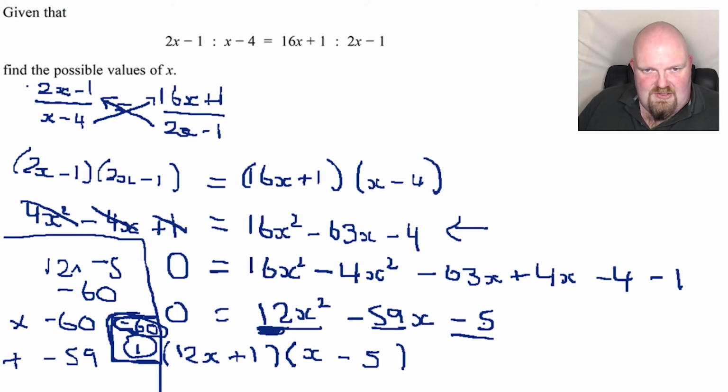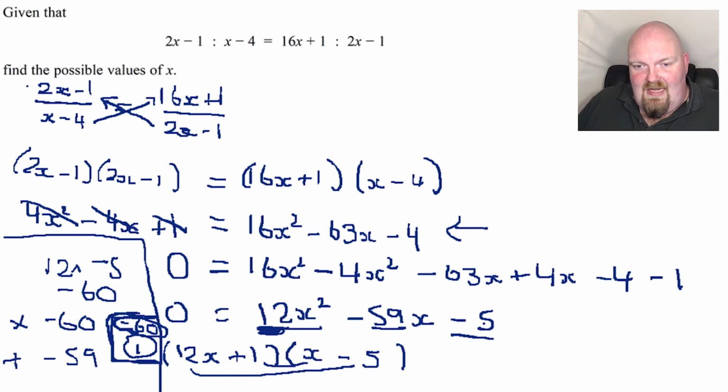So if I look now as I start to factorize this out, I get negative 60x plus x gives us negative 59x. 12x times x is 12x squared, and plus 1 multiplied by negative 5 gives us negative 5. So we've checked that, and that all works, okay?